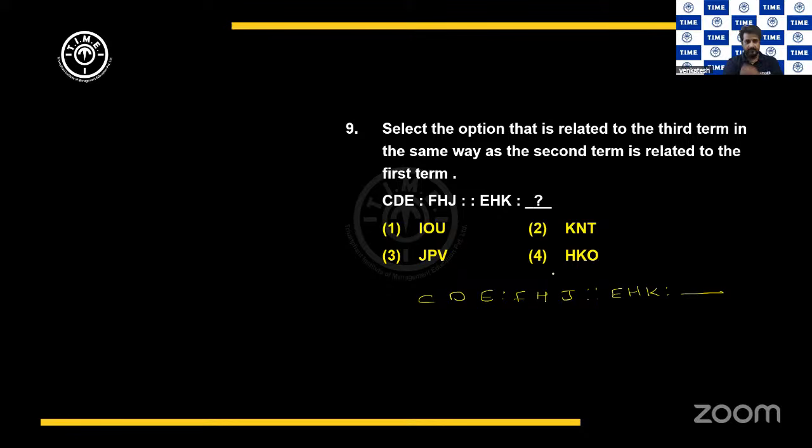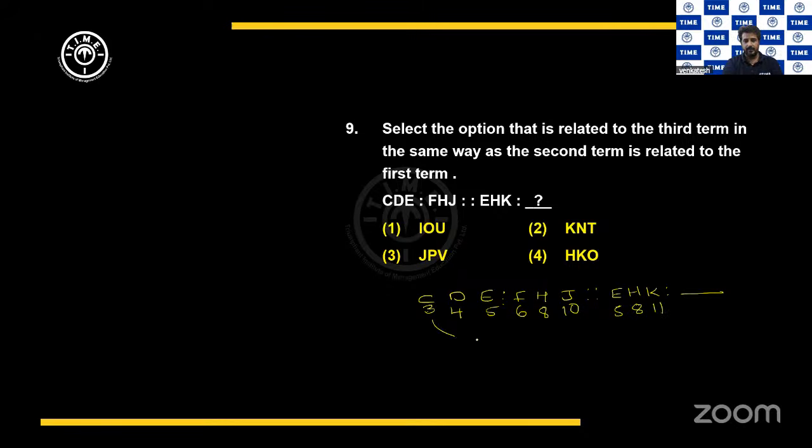Okay. First write the position values of the letters. C's place value is 3, D's place value is 4, E's place value is 5. Now F place value is 6, H place value is 8, J place value is 10. Now E place value is 5, H place value is 8, K place value is 11.